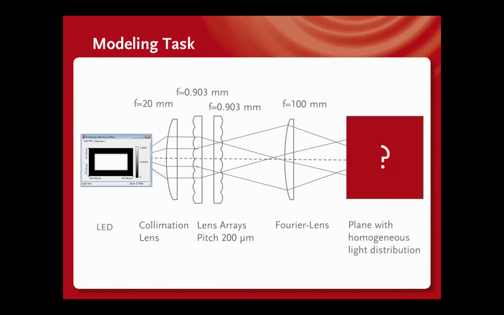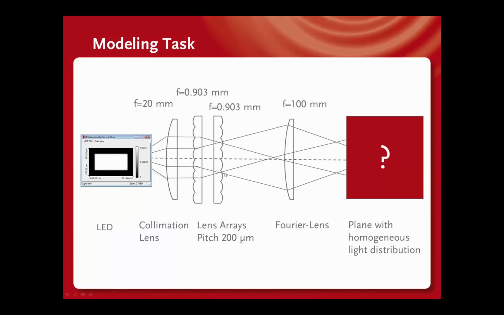I'd like to mention that it is very important for lens arrays to include partial coherence and diffraction effects in the simulation, because we get diffraction effects at the apertures of the lenses of the first lens array. What we actually get in the plane of the second lens array is something like the point spread functions of all lenses of the first lens array.